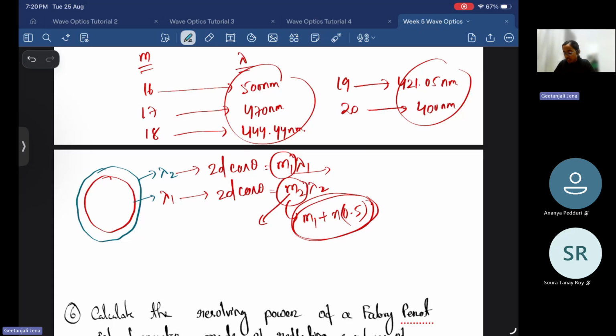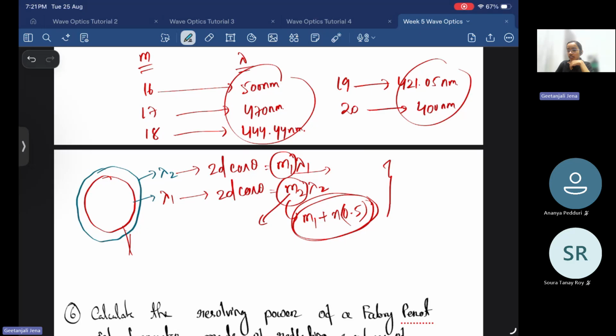Physically, I'm not able to interpret what it will mean. Okay, so for now, is the mathematical explanation okay with you? We'll see in detail what it means physically.